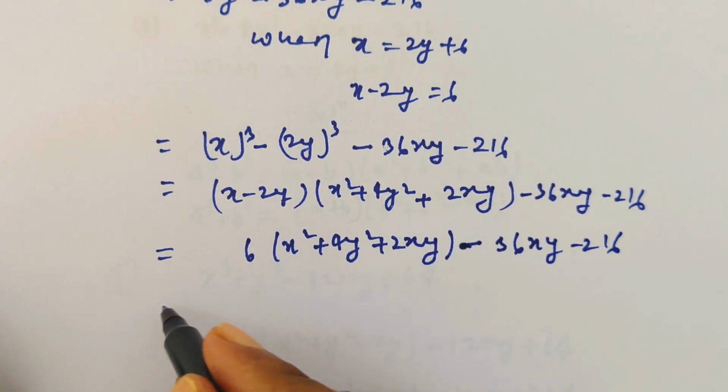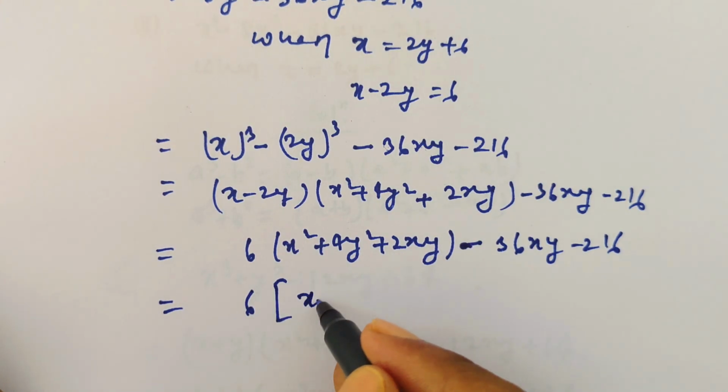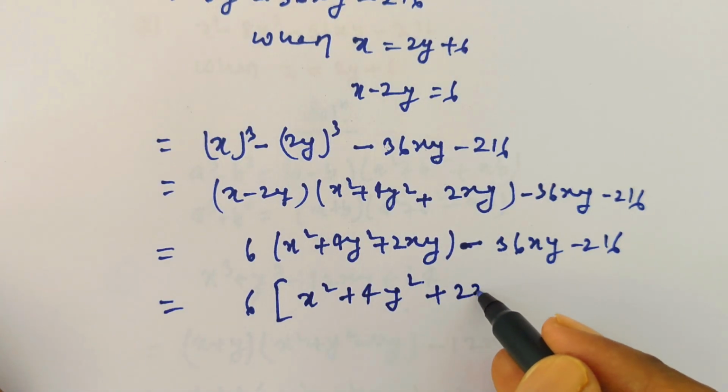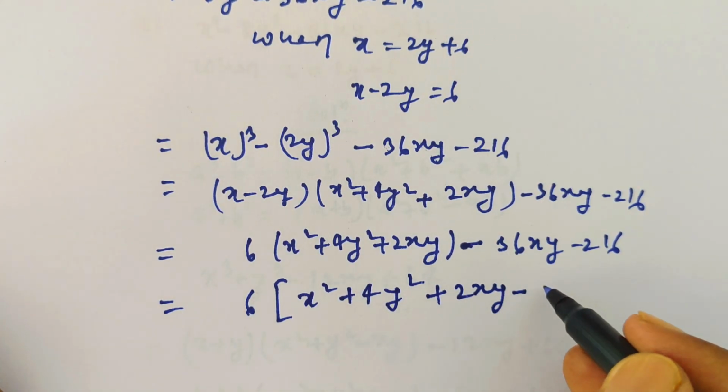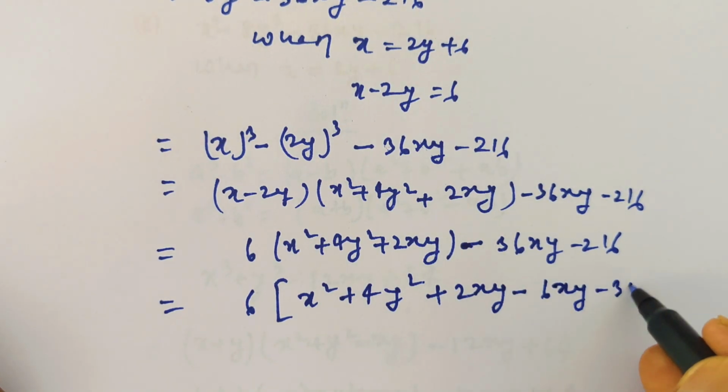Similarly, take the common factor of 6: 6 into x square plus 4y square plus 2xy minus 6xy, since 6 times 6 is 36, and minus 36.